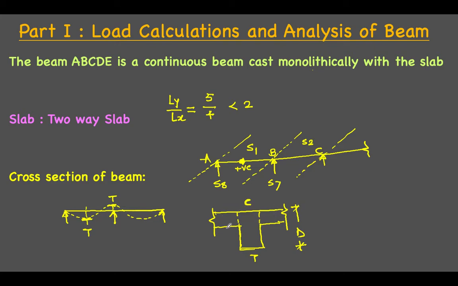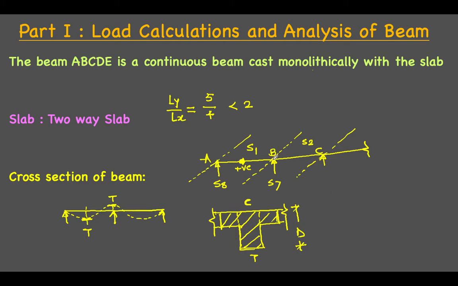Some portion of the slab we can consider as a part of the beam, and that's why it becomes a flanged beam. This is our cross section of a beam. You can see now it is taking a shape of T. So this is called a flanged beam and it is denoted as a T beam, since it is taking a shape of T over here, right?